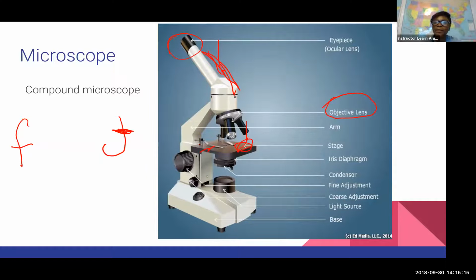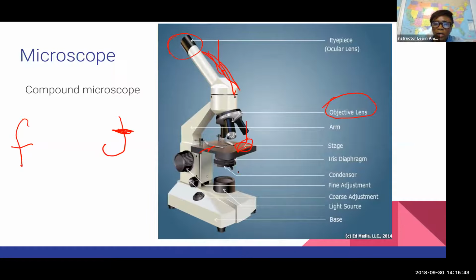The diaphragm is very important, and the condenser is mentioned in this image. The diaphragm is what you would use to control the lighting that's going to pass through the stage, and send the light up into the objective lens so you could get a clearer image of the object. So if you're looking at an object that is unstained, you will probably lower the light intensity so that you can see more details.